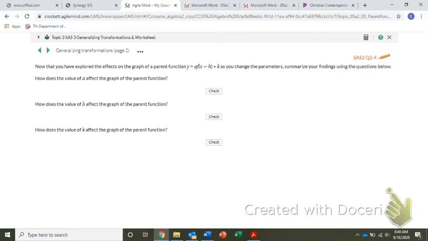All right. We're on number 2. It says, how does the value of A affect the graph of the general function rule y equals A times f of (x minus h) plus k? Before you hit check, I want you to write this because I explain it a little bit different and a little bit easier than what they do.